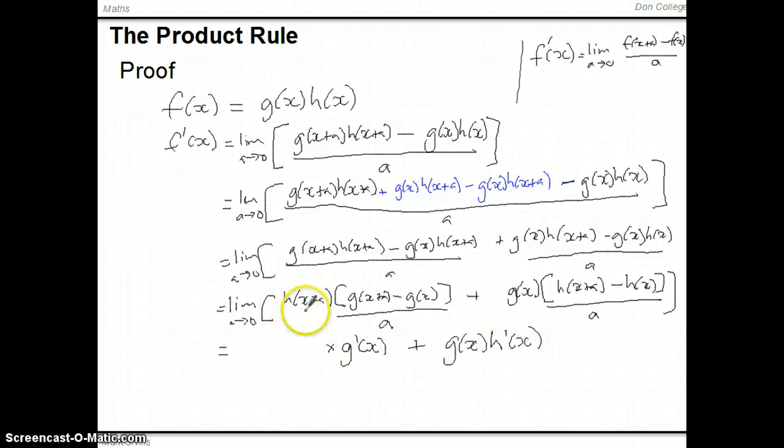And this thing here, you might not like this very much, but as a approaches 0, h of x plus a approaches h of x. So this is what I'm left with. F dash of x is equal to this, which is the rule that we had up before. Okay, there we go.